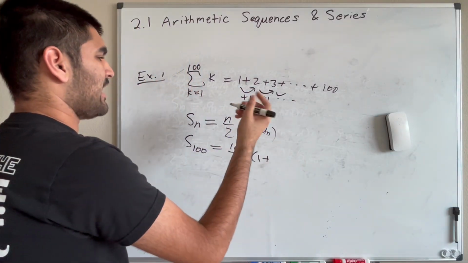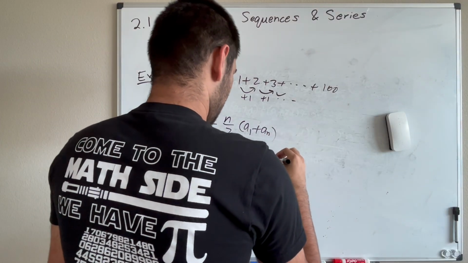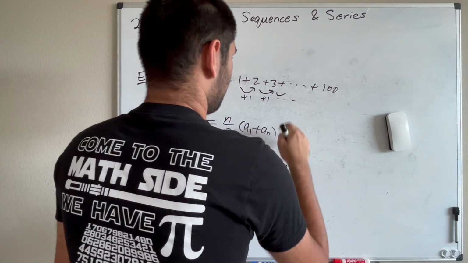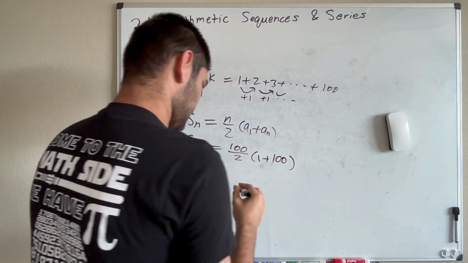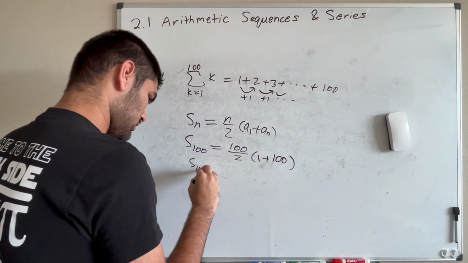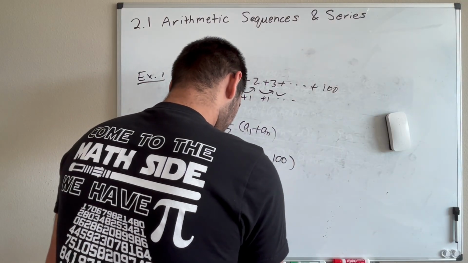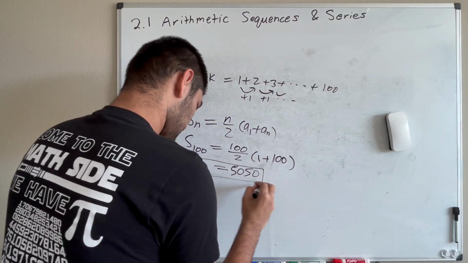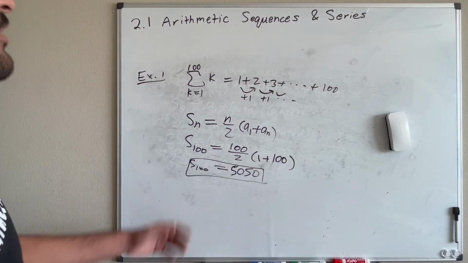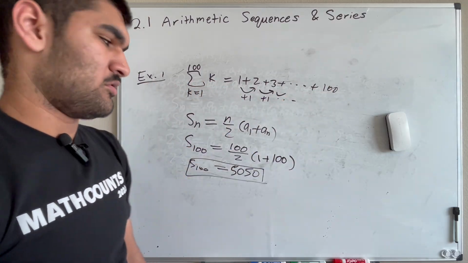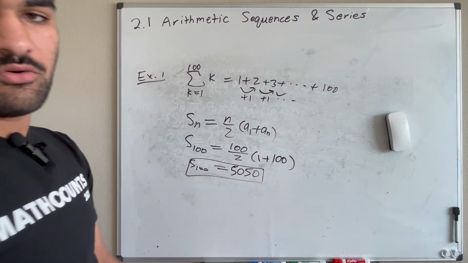And an is the nth term, in this case a100, which is just 100. Okay? So if you evaluate this, you should get 5,050. So we just found the sum of the first 100 numbers super fast. I think that's pretty cool.